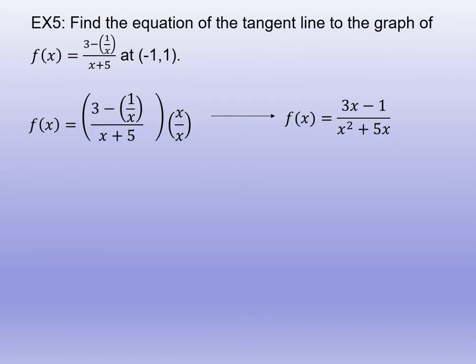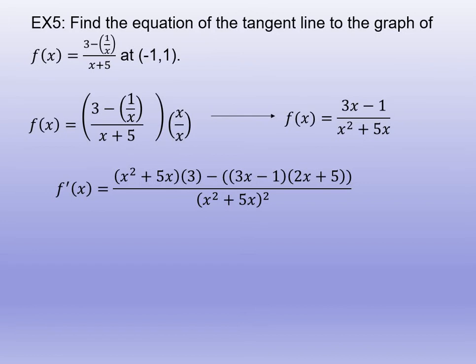Alright, so the x in the numerator will distribute to the 3, and it'll distribute to the 1 over x. And when you distribute it to the 1 over x, the x's will cancel. Okay, and then in the denominator, it just distributes to x and the 5, so that's where the x squared plus 5x comes in. Now we can apply the quotient rule to 3x minus 1 divided by x squared plus 5x. Okay, so low d high minus high d low all over low, low.